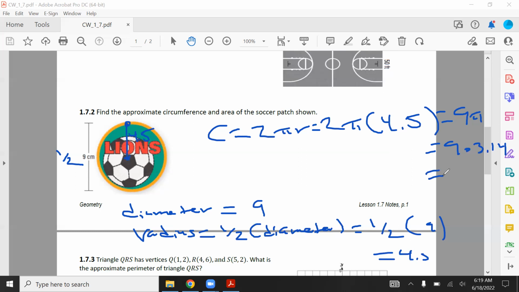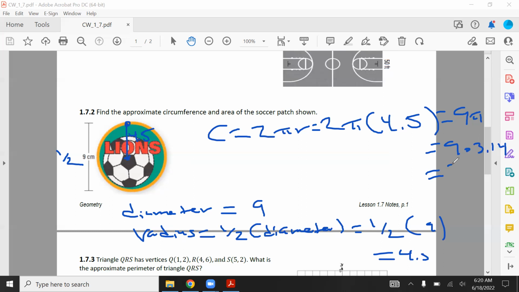Which actually, maybe if you do have a room in your house that's circular, or maybe you need to buy a table cover for your dining room table that's circular. In our house, our dining room table is circular. If you want to get a cover, then yeah, you would want to multiply pi out, because if you tell a company, hey, my circumference of my table is 9 pi, they're going to look at you funny, right?